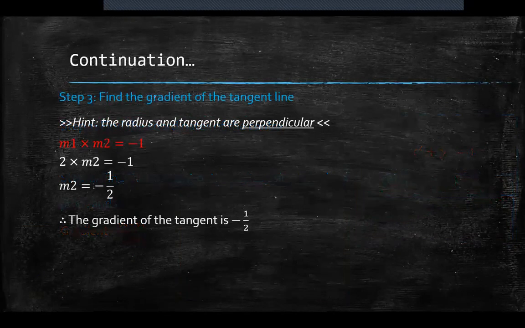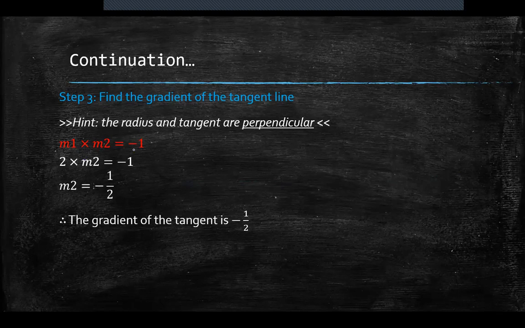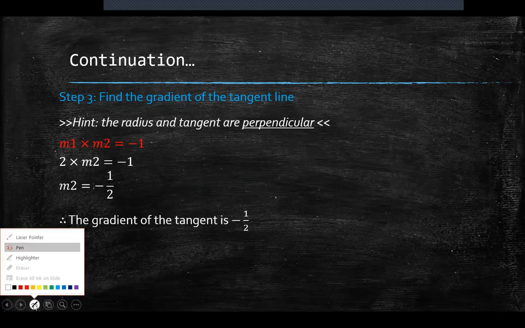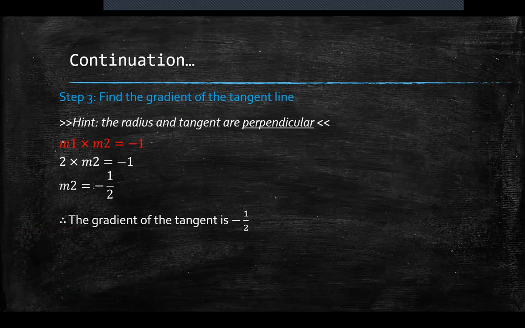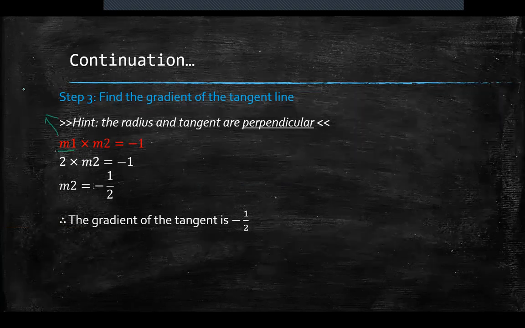We know from the previous class when we did straight lines and coordinate geometry, we know that for perpendicular lines, the product of their gradients is -1. So in this case, m1 would be the gradient of the radius. So I put this, m1 is the gradient of the radius, grad of r.